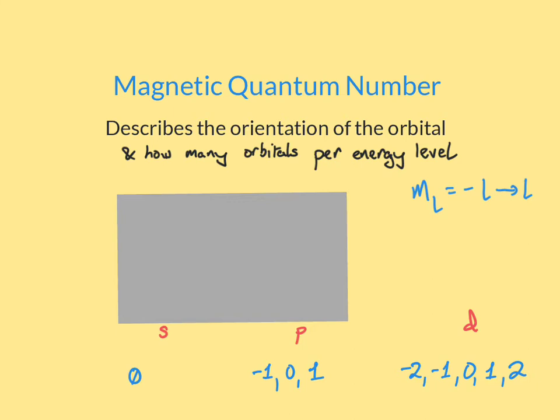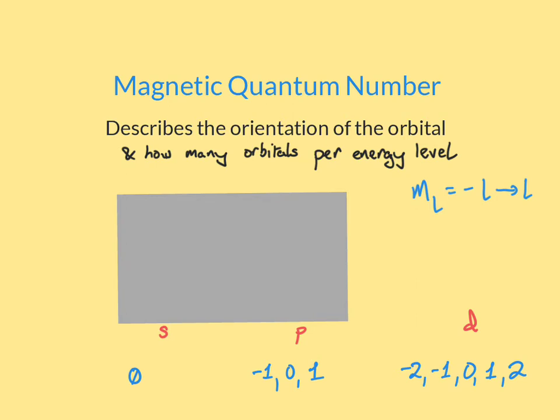And so this D sublevel can hold up to 10 electrons because each one of the orbitals can hold 2 electrons. And the P sublevel, which has 3 orbitals, negative 1, 0, and 1, each one of these holds 2 electrons. So it can have a maximum of 6 electrons.